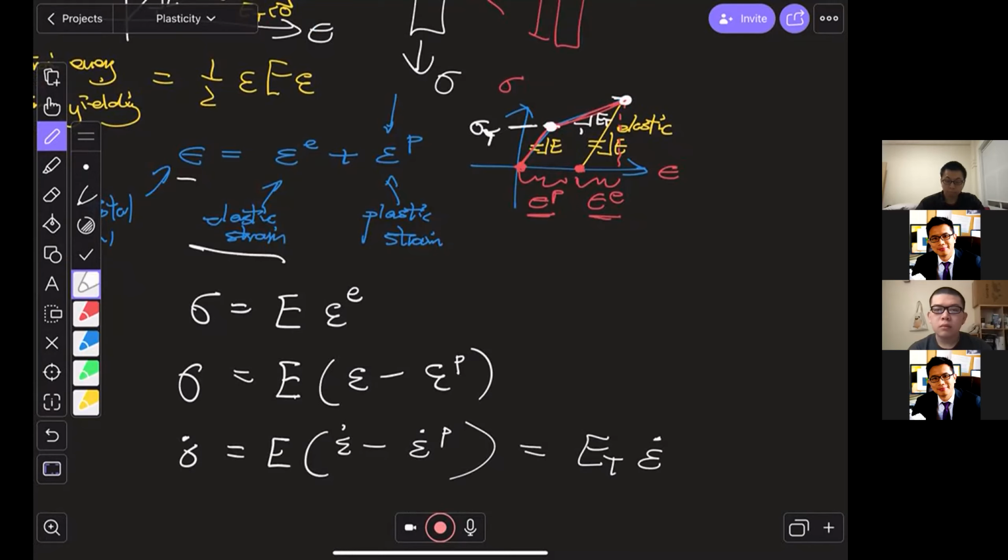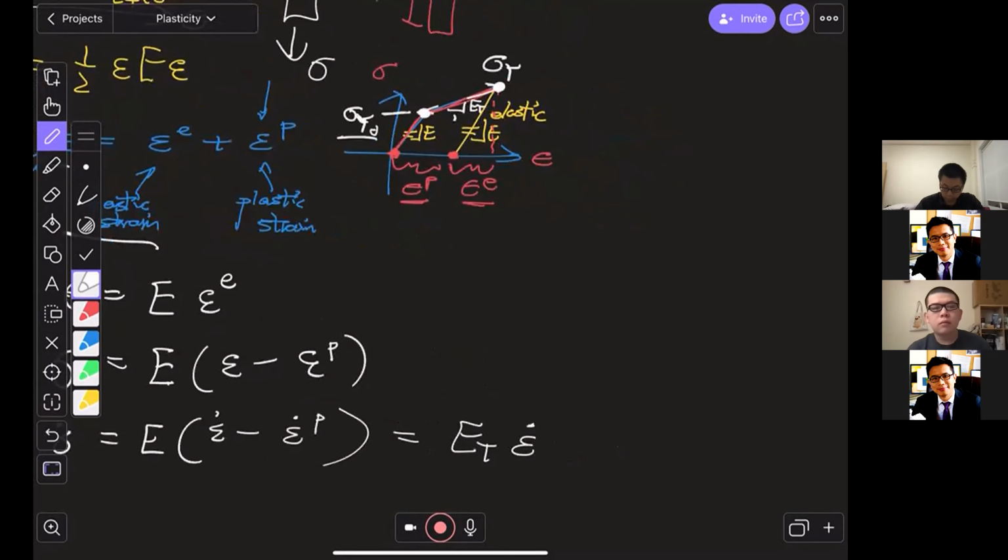But notice that the yielding stress is here. So in order for the stress to remain equal to the yielding stress, it has to change, and that change has to be the same amount of stress. The initial yielding stress is sigma y0, and up to this point it would be the new yielding stress. So if you consider the elastic region, initially the elastic region is here.